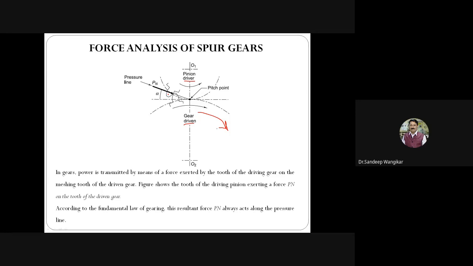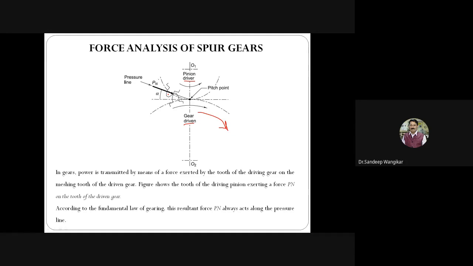This is the very first point to understand. Second, whatever force is applied from one gear to another is always applied along the pressure line. The pressure line is where the angle alpha is made. Alpha is the pressure angle. Let us assume the force is Pn.